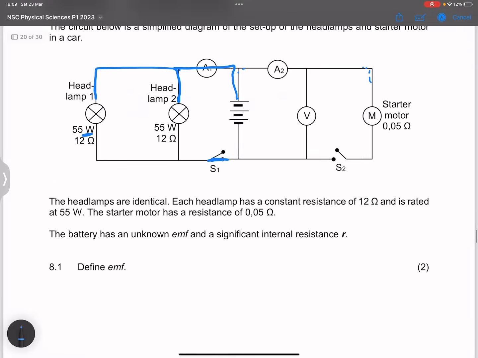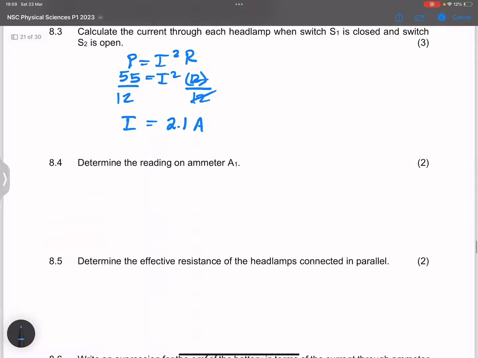Now let's look at A1. What would be A1? It would be the total current passing through there, right? So please note, ladies and gents, if each one of them gives me a current of 2.1, and 2.1, it means the current passing through A1 would be twice that, isn't it?